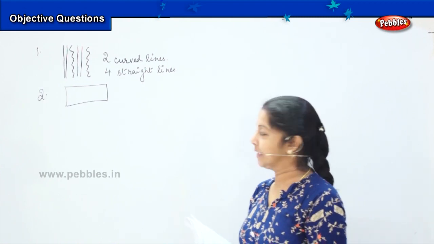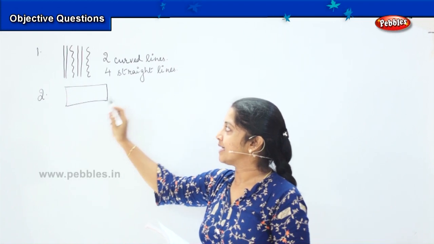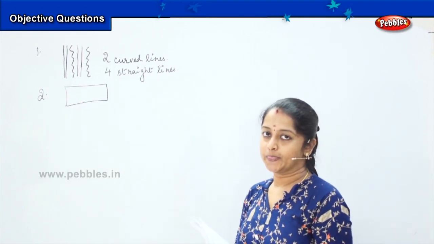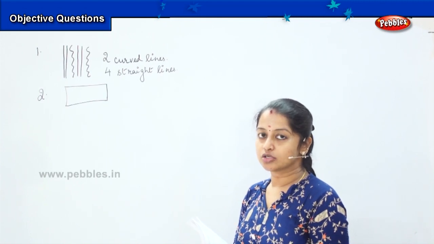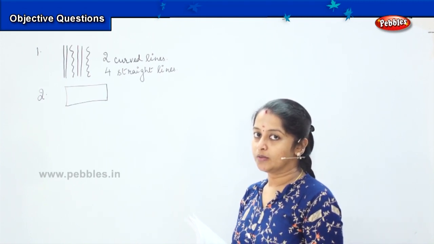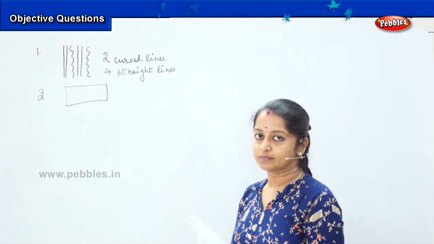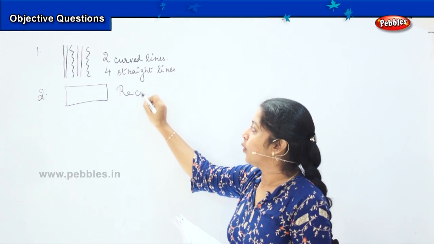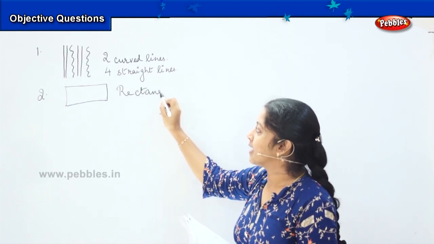No. Why? Square has 4 sides, a rectangle has 4 sides. So, why is it not a square? Because a square has got all the 4 sides equal. So, what is this? Good. This is a rectangle where the opposite sides are equal.